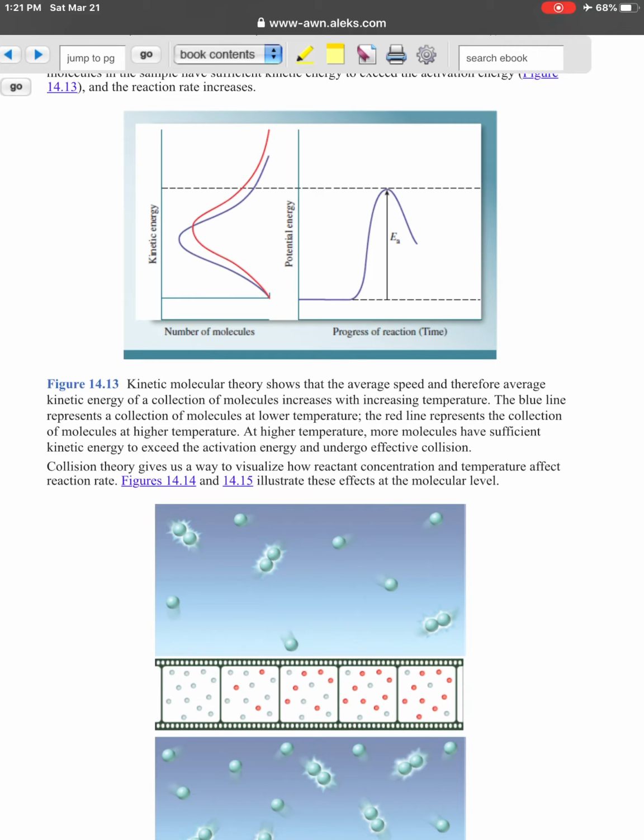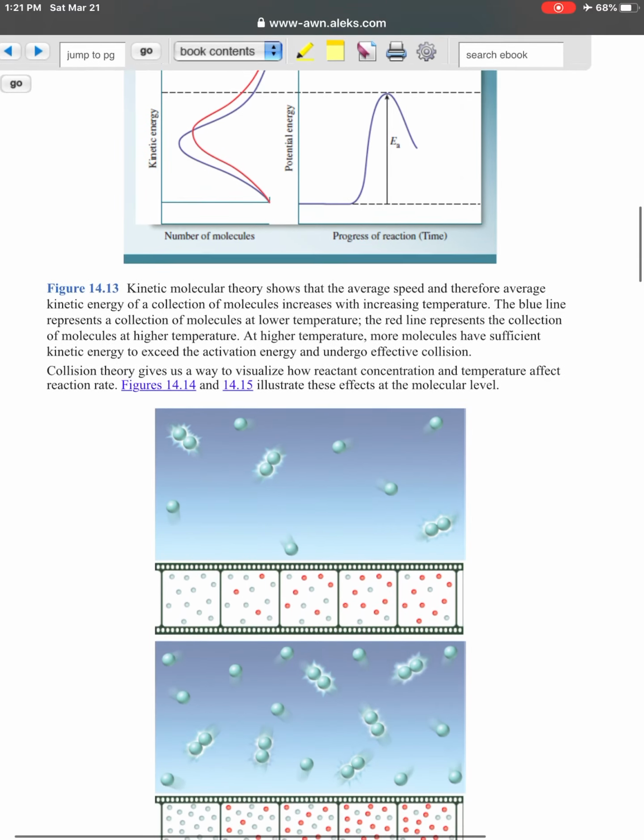At higher temperatures, more molecules have sufficient kinetic energy to exceed the activation energy and therefore undergo effective collision. Collision theory gives us a way to visualize how reactant concentration and temperature affect reaction rate. Figures 14.14 and 14.15 illustrate these effects at the molecular level.